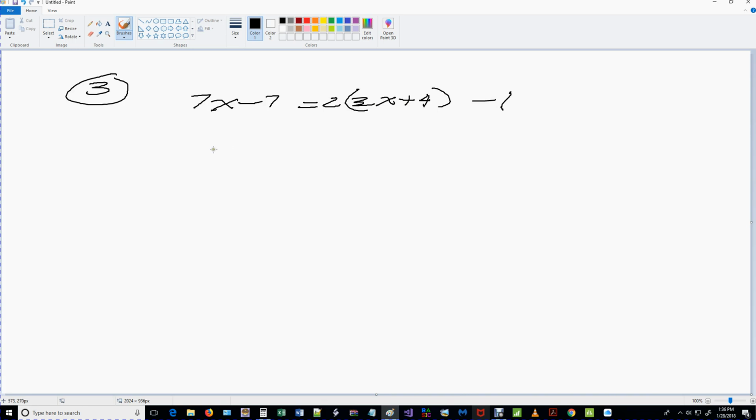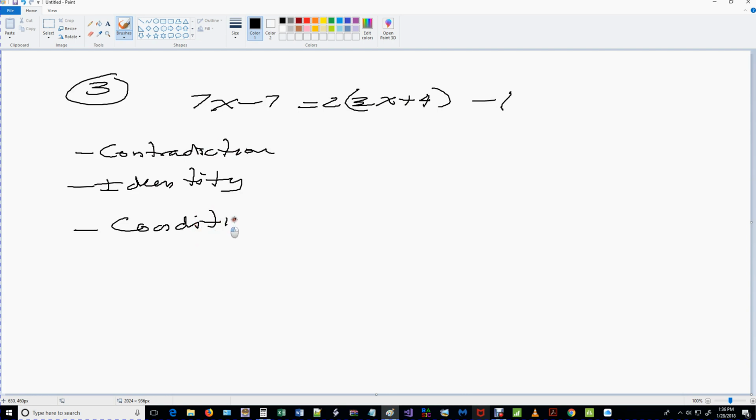And you need to find out whether this is a contradiction, it could be identity, or it could be a conditional. And the only way we can find out whether this is either one of the 3, contradiction, identity, or conditional, is to actually solve it.